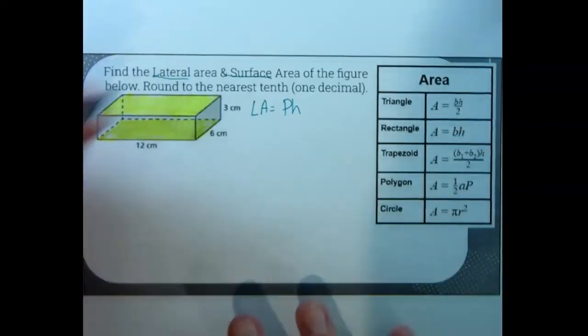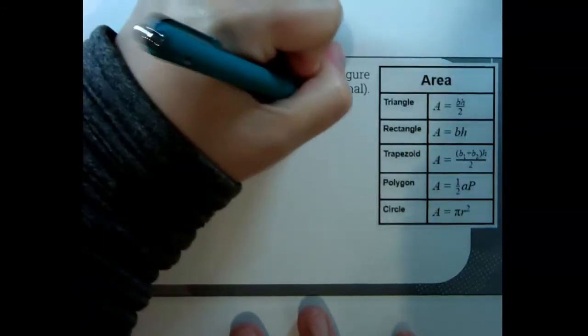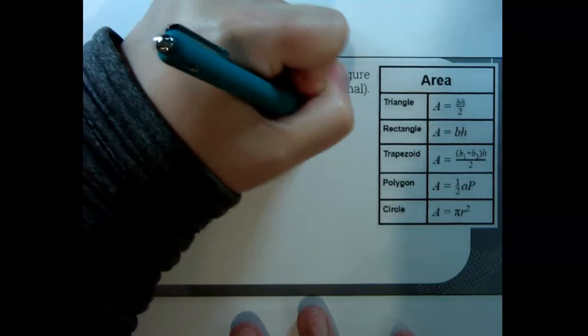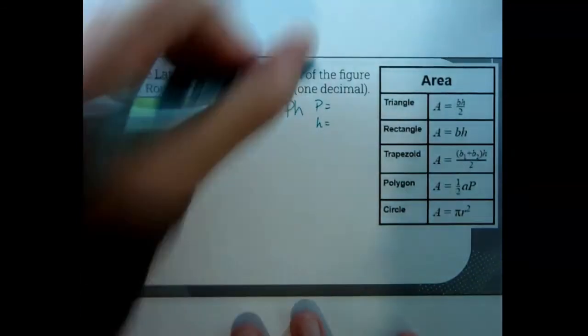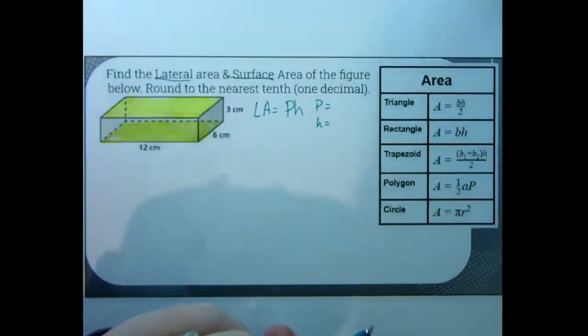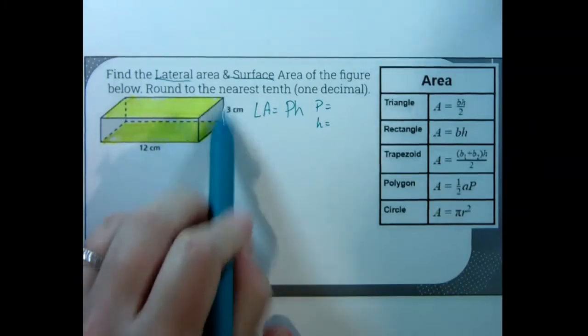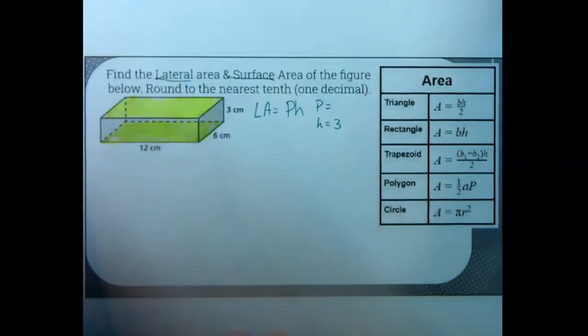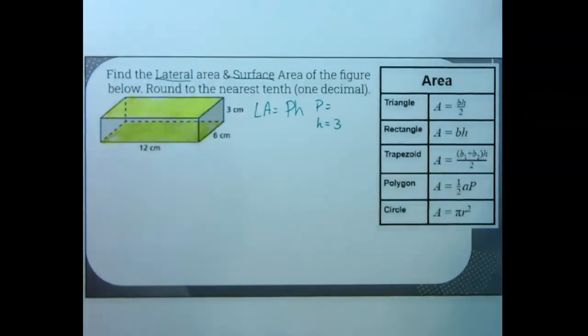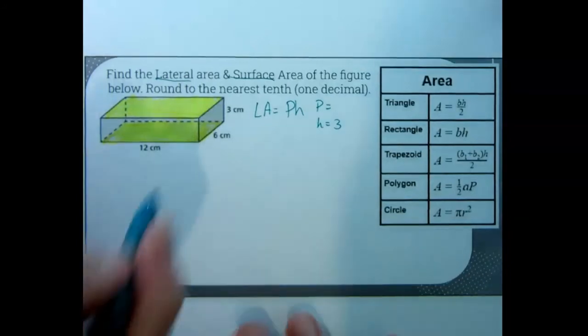So we need to determine what is the perimeter and the height. Remember, the height is how far apart the bases are. So it's very important to know the height. You've got a base down here, a base up here. The height is just how far apart they are. So that's pretty easy to determine. It's just 3. And then you have this perimeter.